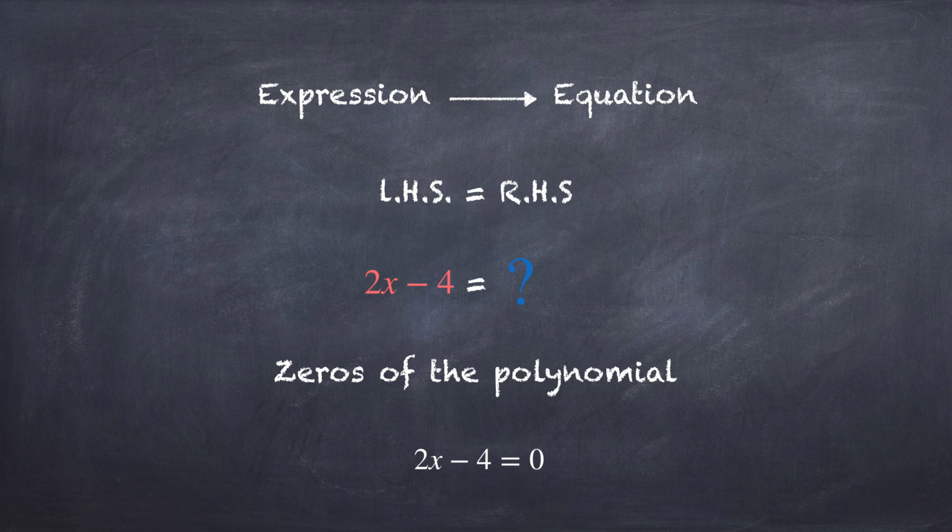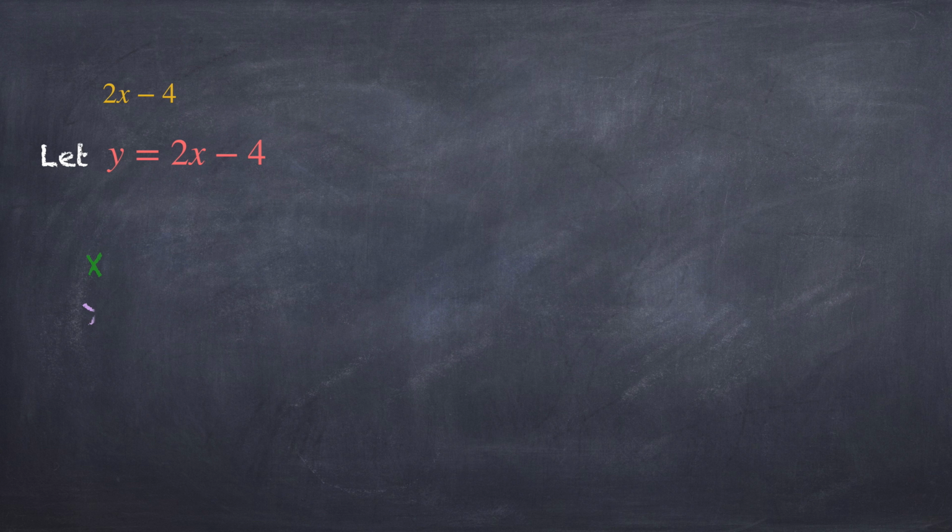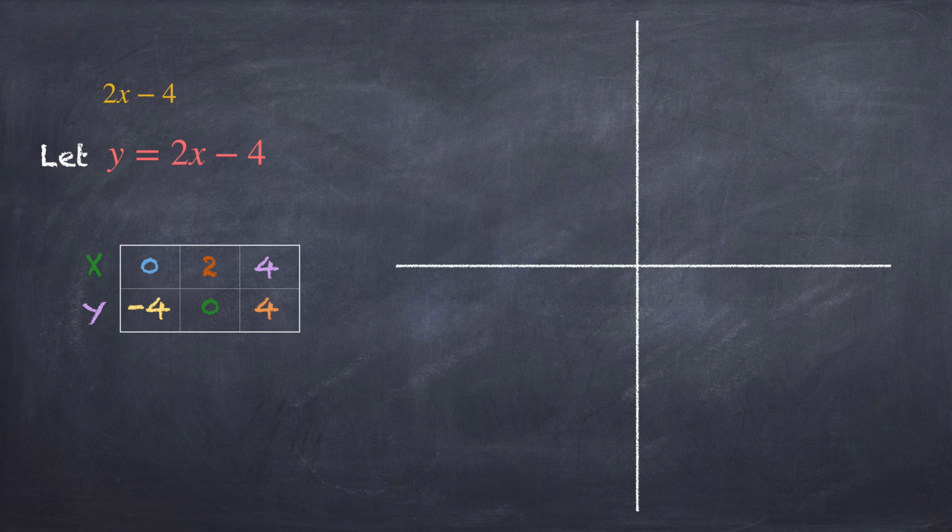So what we do is we put y is equal to 2x minus 4, and then we make a table for x and y, and for some values of x we find its respective value of y. Then we use two mutually perpendicular lines, plot these values and check whether these values are giving us a straight line, because the degree of this expression is 1, so we should get a straight line.